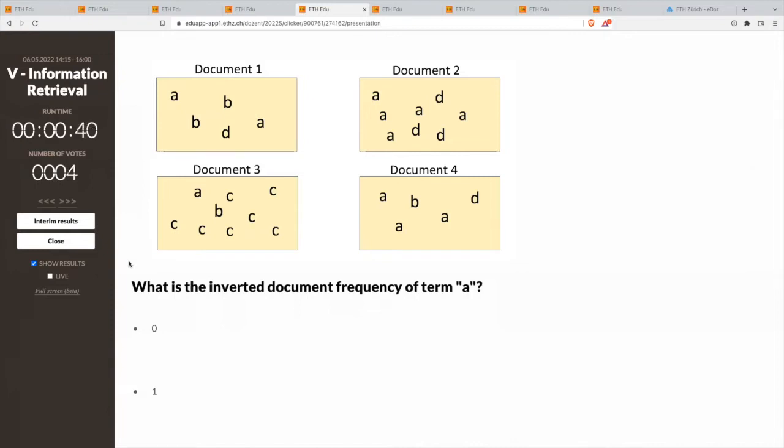So first, you need to remember the formula, right? So first, you need to remember what the document frequency is. And then you need to remember the formula in order to derive the inverted document frequency from the document frequency.